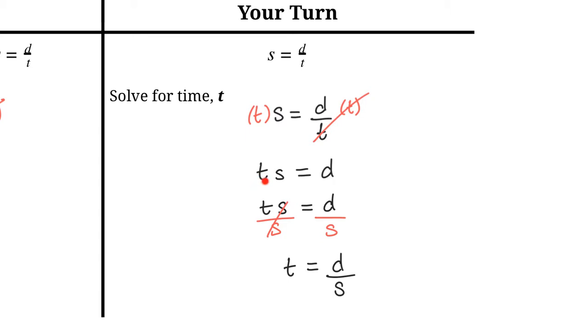Now t is just being multiplied by s, and to get rid of s, we need to do the opposite operation, which means we would need to divide by s. So we're dividing both sides of the equation by s. And when we do that, we have now gotten t on its own. We've isolated t. So t is equal to d divided by s.